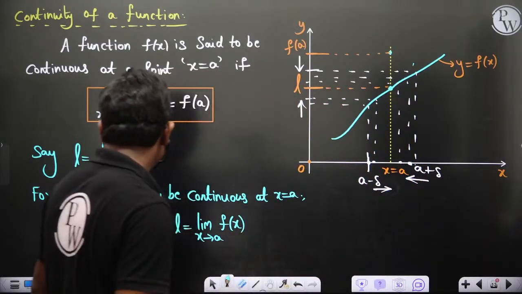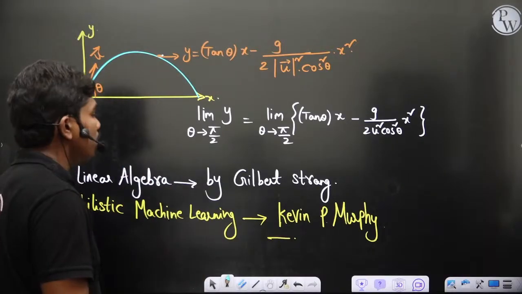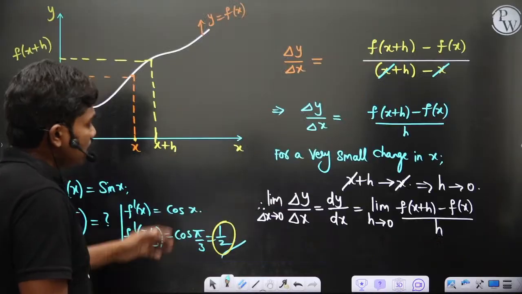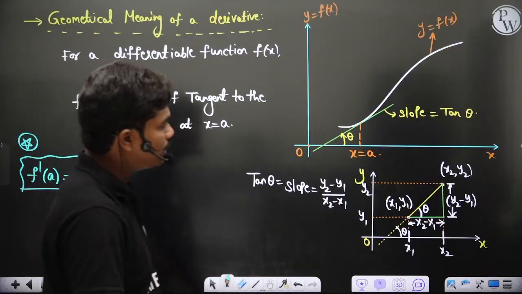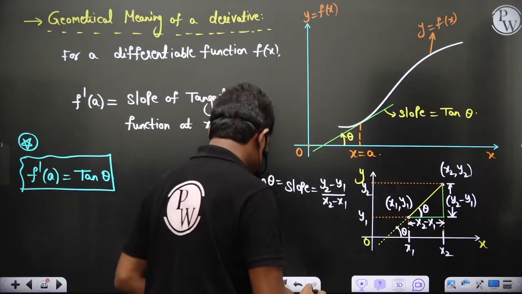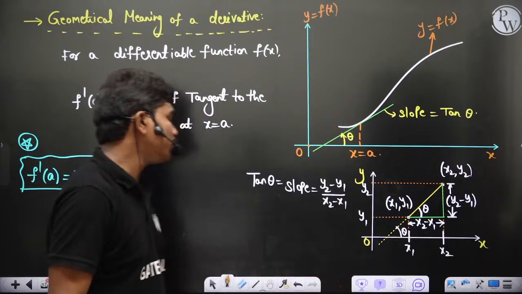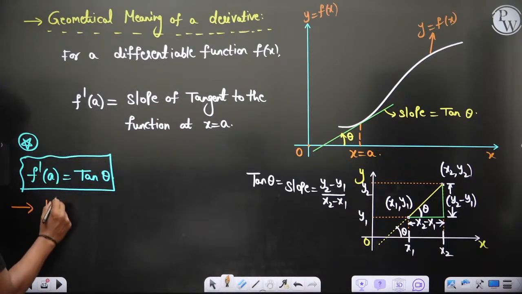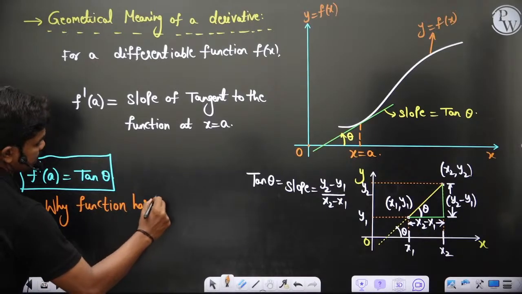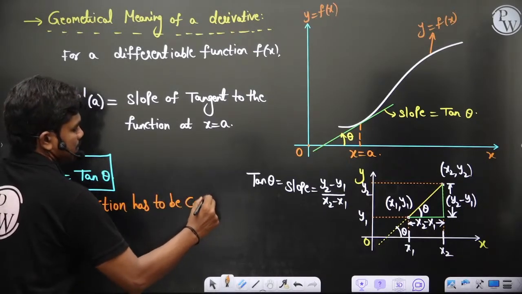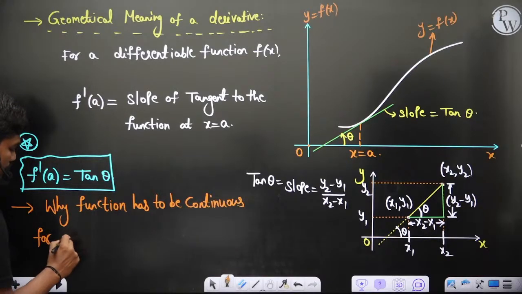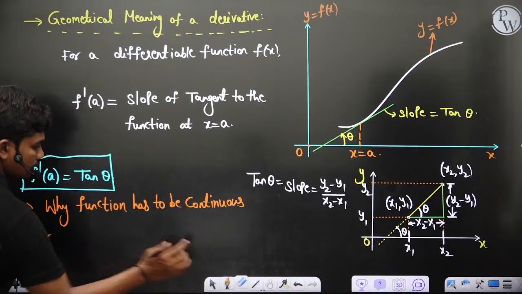And if the function has to be differentiable, then ultimately the function has to be continuous. Let's say there is some small patch here. I'll explain why the function should be continuous for being differentiable.